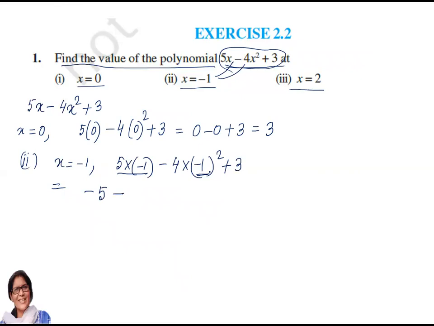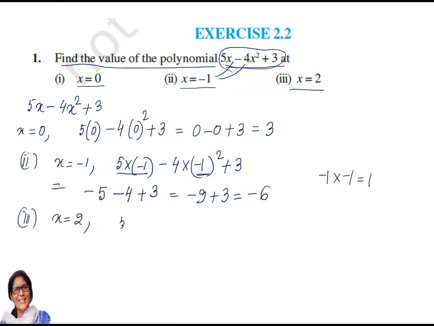Minus 1 whole square is plus 1 because minus 1 into minus 1 is plus 1. Plus 1 into minus 4 is minus 4 plus 3. Now minus 5 minus 4, it will simplify minus 9 plus 3, that will be minus 6. This is the value of this polynomial.